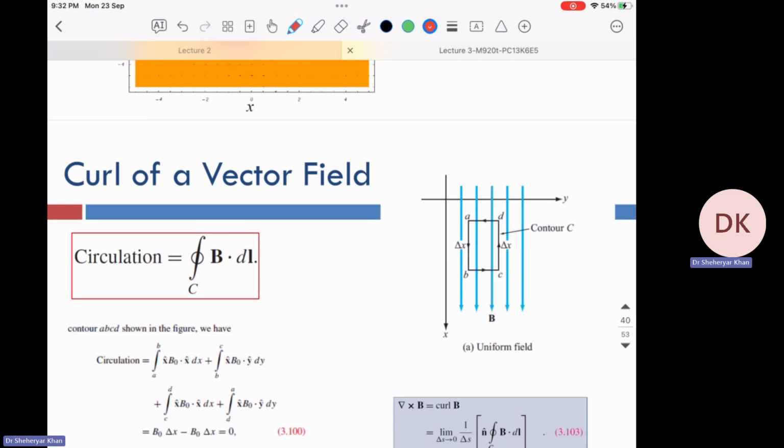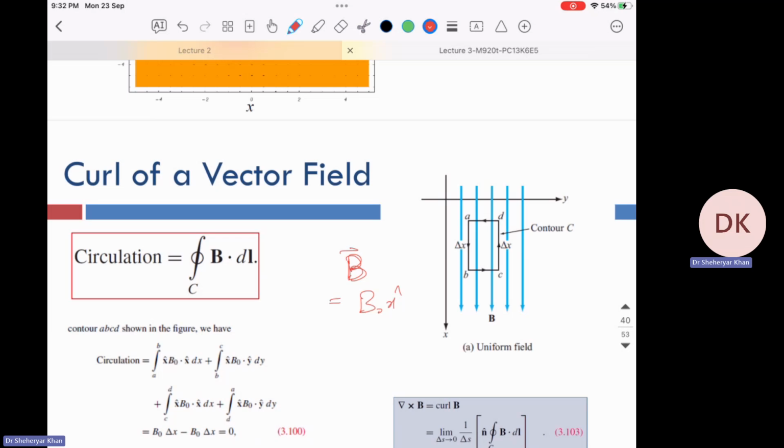Because it's a uniform field, so we write B naught. B is a vector, and its magnitude is B naught. So capital B is equal to B naught x, a vector. What is the length? The length is this thing, AB, right? So we have a dx length, A to B.